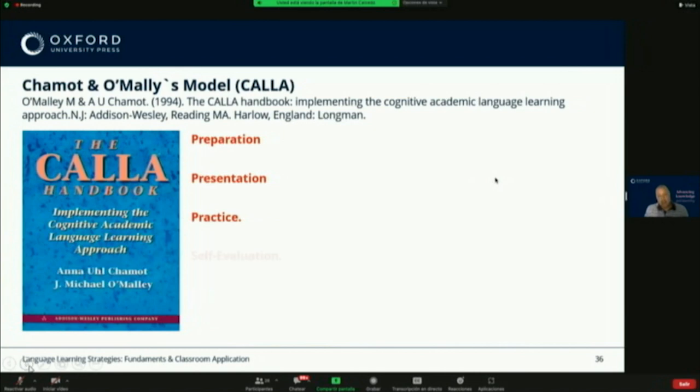Then they practice the strategies. Then there is self-evaluation, and this is where metacognition comes into play. There are expansion activities, and then there is assessment. It can all be found in this book. I highly recommend it. CALLA has been around for many years, but that doesn't mean it has lost its application in this teaching world.